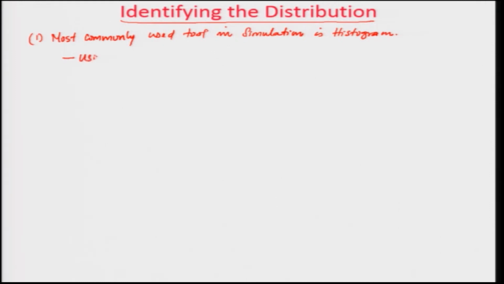Using histograms, one can infer a known PDF or CDF.